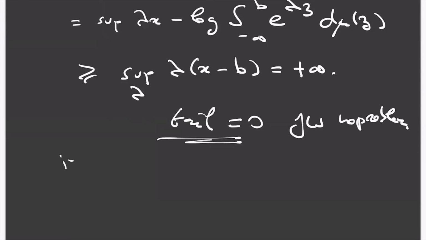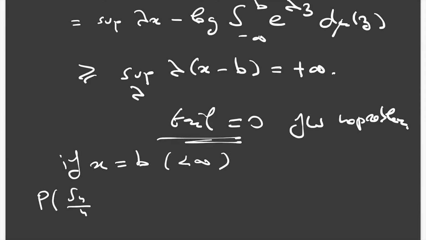And now if x is equal to b, you have to analyze this carefully, which is finite, of course. This means that we merely lower bound the probability that Sn over n belongs to some interval around b, b plus or minus eta.